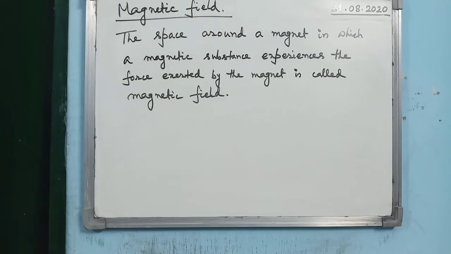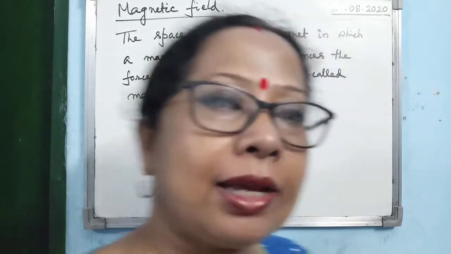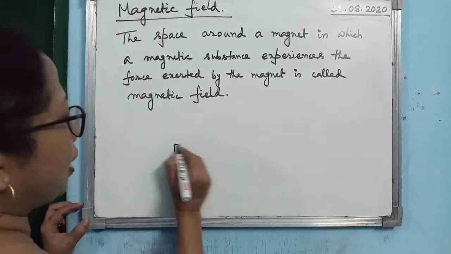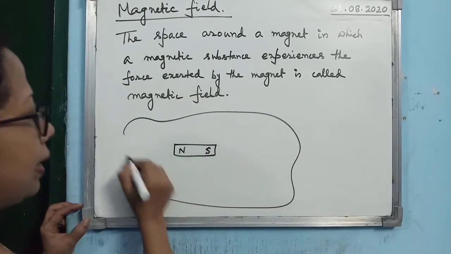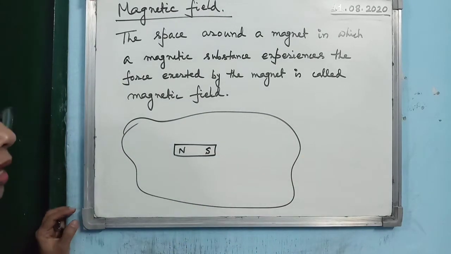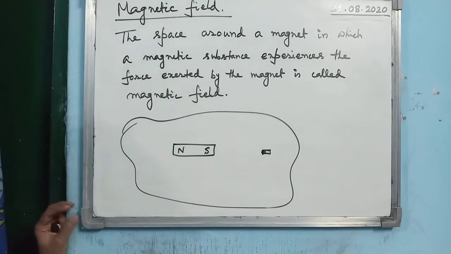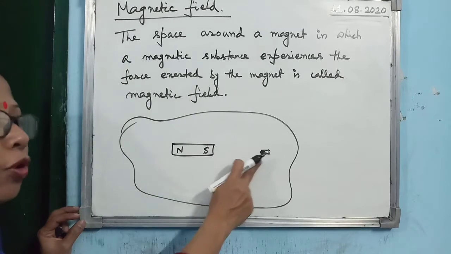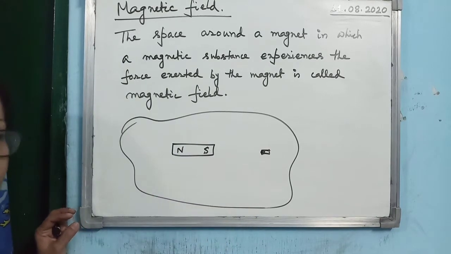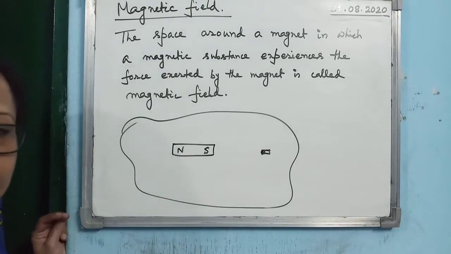Now, the next term related with magnetism or a magnet is magnetic field. Now, what is magnetic field? Suppose you have kept one magnet here. Now, in the region surrounding the magnet, if you bring another iron bar, then the iron bar will feel the force exerted by the magnet and will be attracted towards the magnet, isn't it?